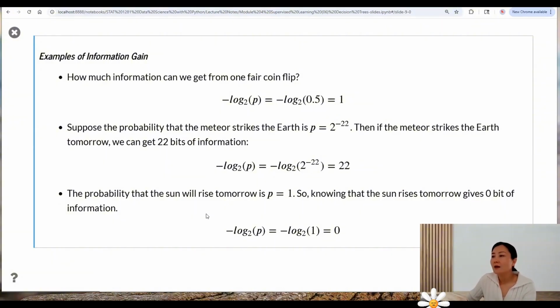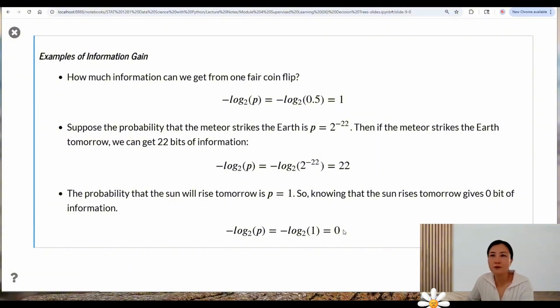So very big. And the other extreme case is a completely predictable event. For example, the sun will rise tomorrow. This is an event that is almost completely predictable. The probability is equal to 1. Then if we apply this function, we get 0.